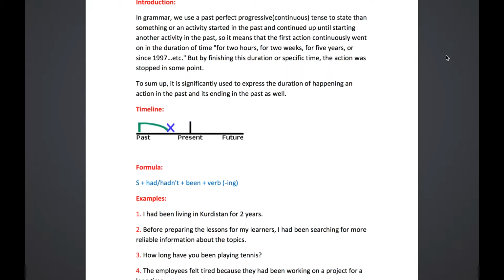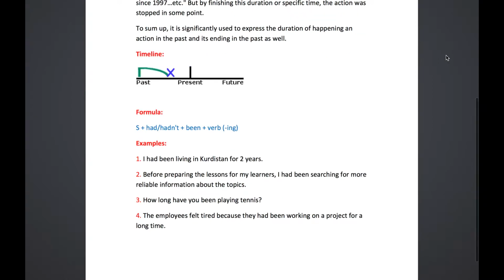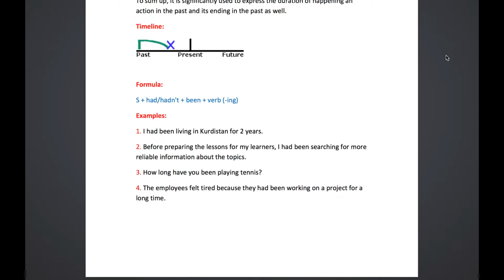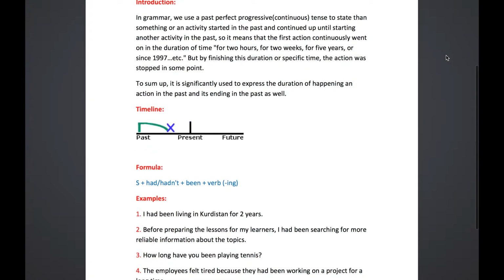Here, the green sign is the first action which started in the past and continued up until some time in the past, and then it was stopped by the second action, which is the blue cross here. As you can see, it does not continue up until the present time. That's it, and you can read the instructions above.